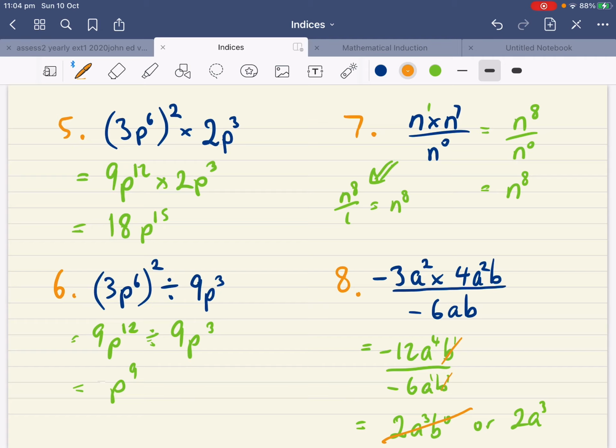So that is actually it for the indices topic. So there was writing out expressions in expanded form, writing them in index form, knowing what a power or an index is, and then understanding what the base is, right? The big part of the number. And then we had the 4 index laws, right? So when multiplying, the powers add.